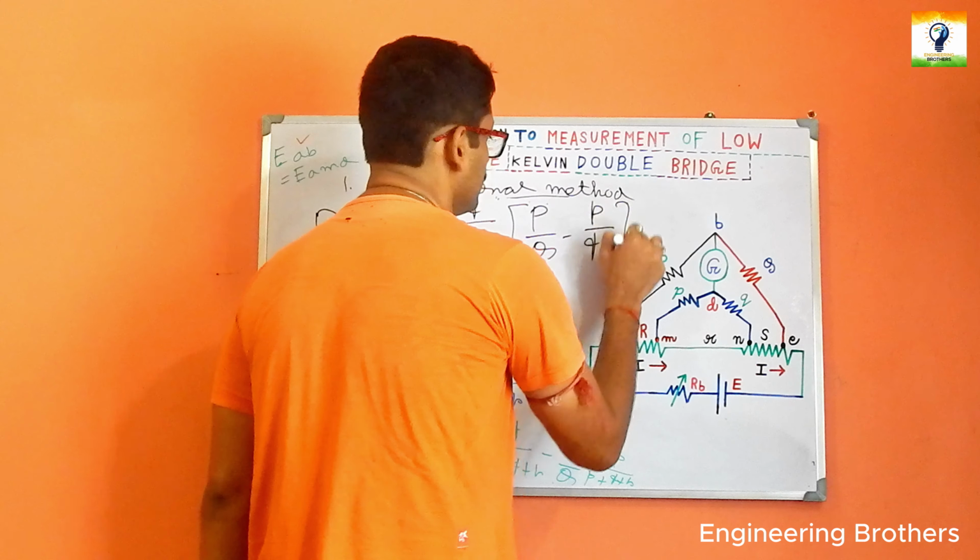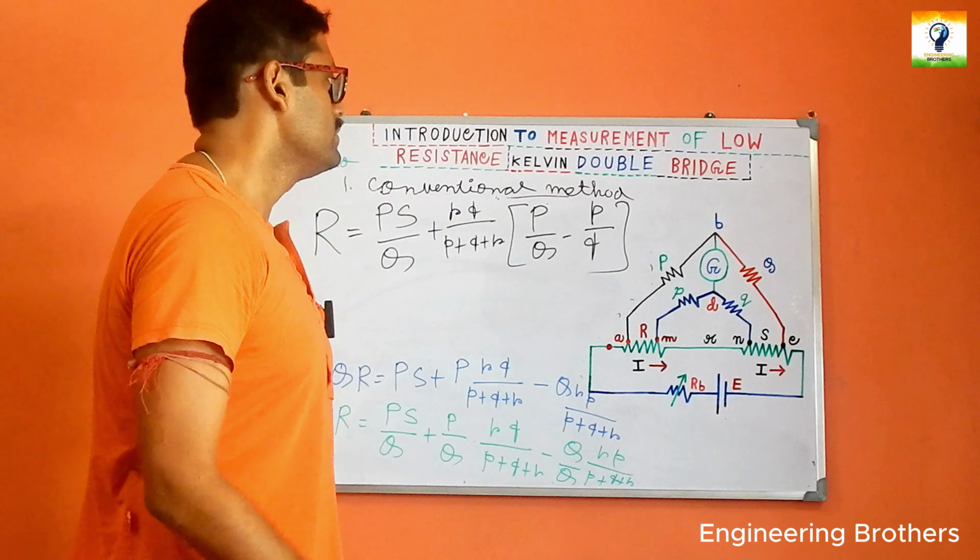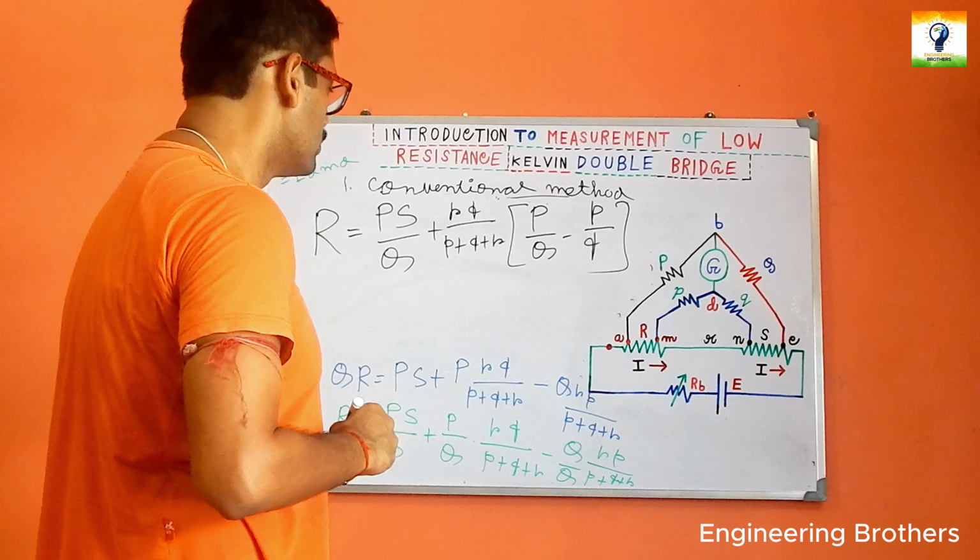The same expression as in our star delta method, and just by utilizing our conventional method we have shown you how to get the Kelvin double bridge expression over here. Now how do you get to that?